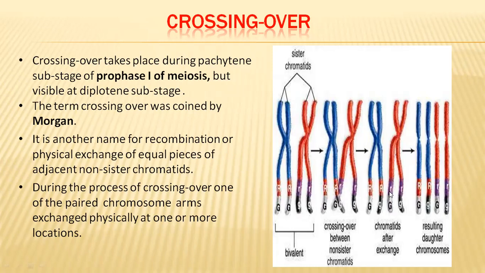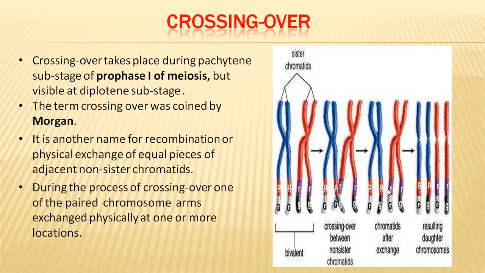When they are separated, if we observe, these crossed over chromosomes are having new genes which were earlier not present on them. So these chromatids which have got new genes onto them are called as recombinant chromatids.